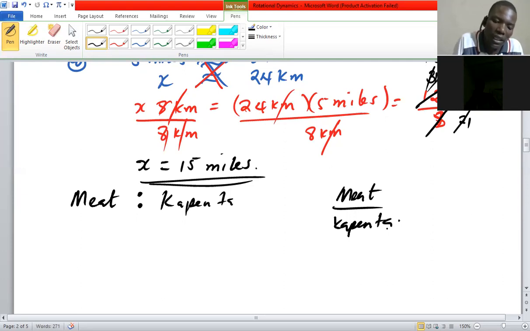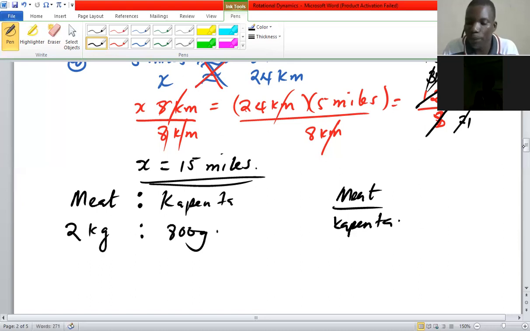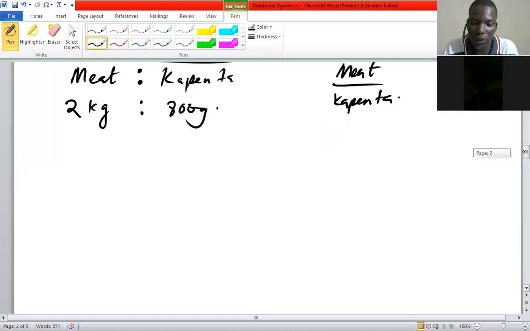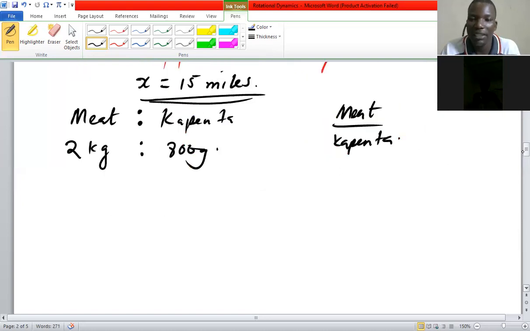So now we are told that this guy bought 2 kg of meat and 800 grams of carpenter. Like other questions that we've solved already, you have to make sure that the SI units are uniform. If they are not uniform, make them uniform, and then you continue doing your calculations.